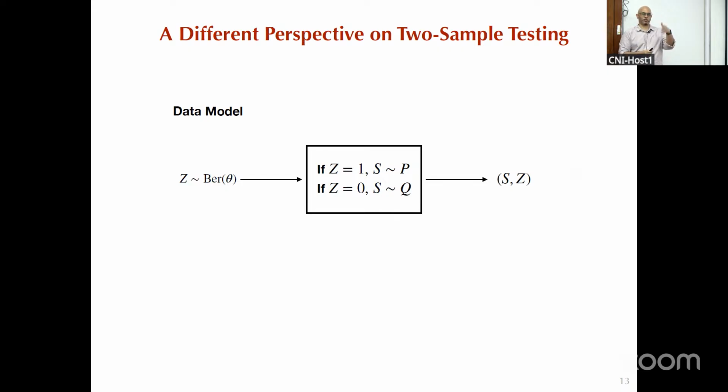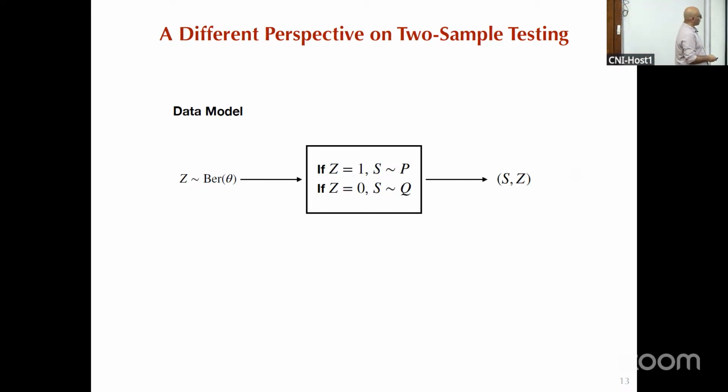Nature selects this Bernoulli random variable z. When z is 1, you draw a sample from this p distribution, and when z is 0, you draw a sample from this q distribution. And what you get to see is this pair s comma z, right? So instead of thinking about it as colored dots, imagine you see a feature and then a color, whether it's 1 or 0.